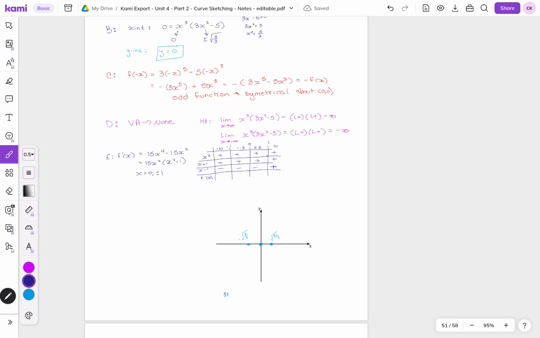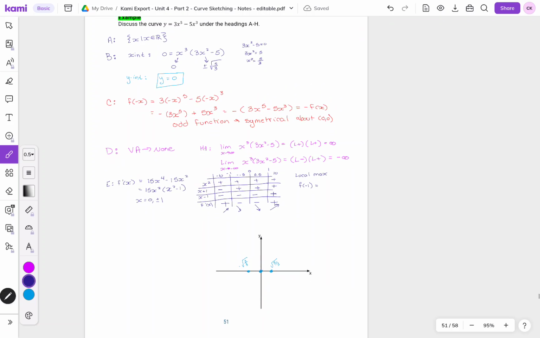So we get positive, negative, negative. This is going to be positive, negative, negative, positive. All right, so you can see I only have one local maximum and one local minimum. I have a local max at f at negative 1.